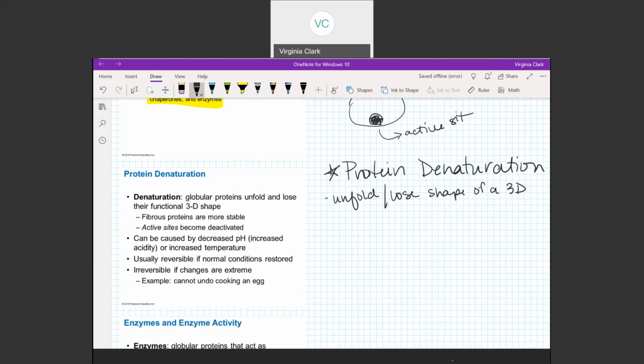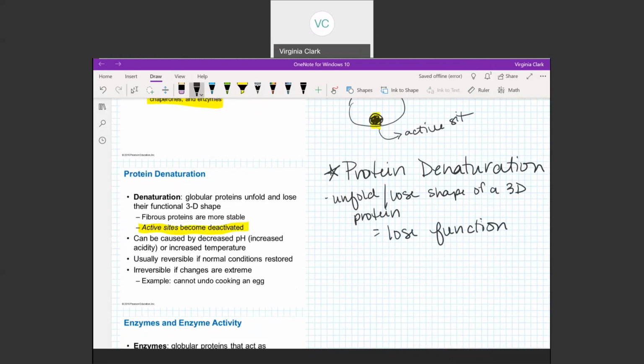So if you take a globular protein that's all folded and twisted and crumbled together, and you lose the shape of it, you will actually lose the overall function, because remember, structure determines function. So in this case, you lose the structure, you lose the function, because you lose that active site right here. It's no longer able to be utilized.